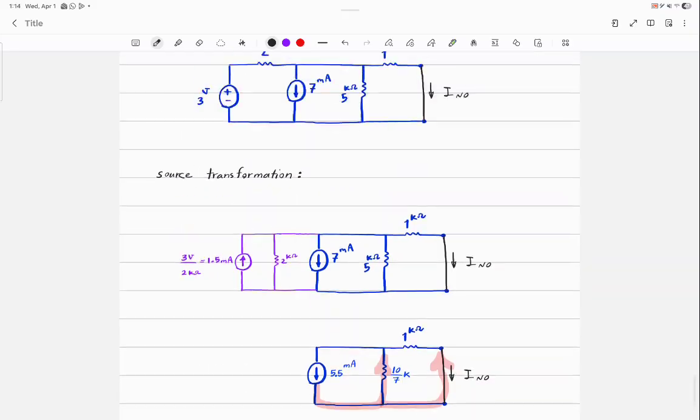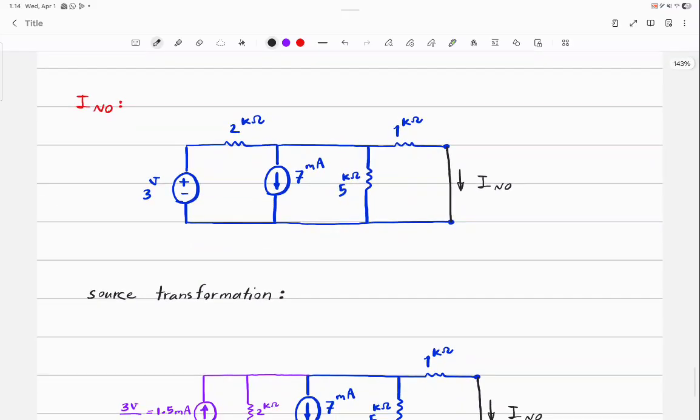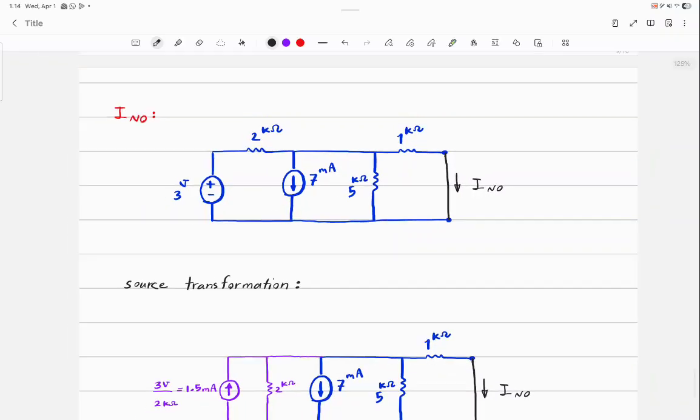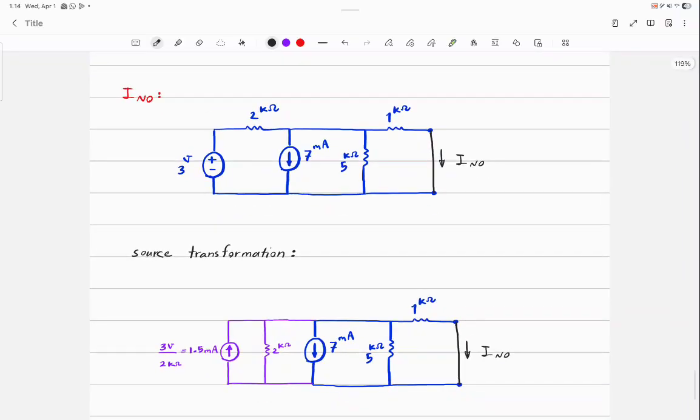Honestly, it doesn't seem worth it. It's not that complex a circuit, right? So you can do either mesh or node. Whatever I choose in class doesn't necessarily mean it's the best. Sometimes it's intentionally the dumbest way, so you can get some confidence. Even if you choose the dumbest possible method, you're still going to get the answer. You're not going to lose half an hour of time. And also, it's good practice.